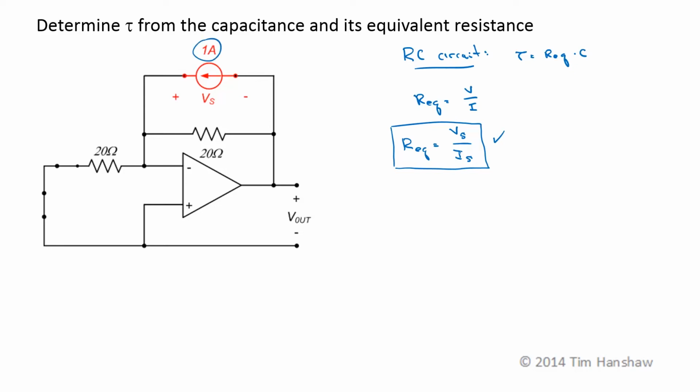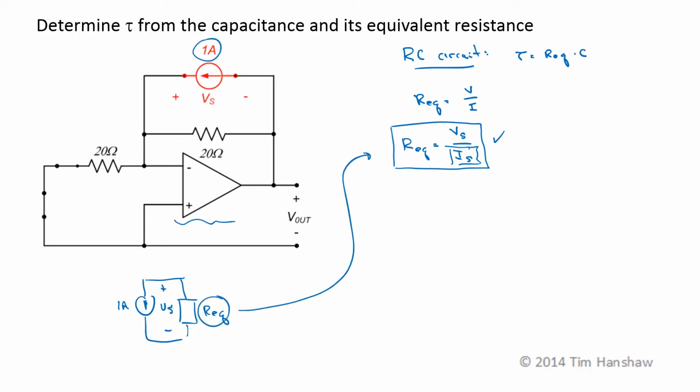That just makes my life easier because ultimately a 1 is going to go in here and Req will be V sub S over 1, and that makes my math easy. So if I do this, essentially what I've got is 1 amp. I've got an equivalent resistance, Req, which includes the effects of this op amp if I solve for this voltage, V sub S. So Req will be V sub S over 1 amp.